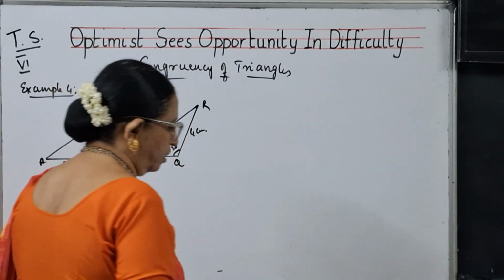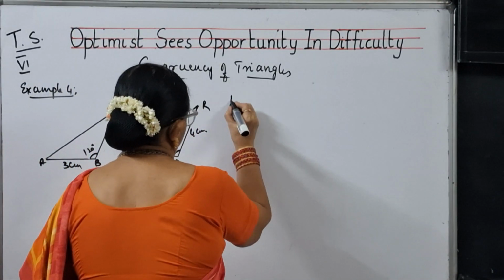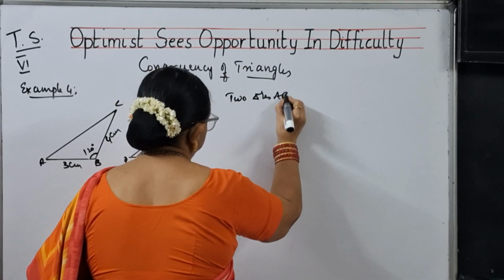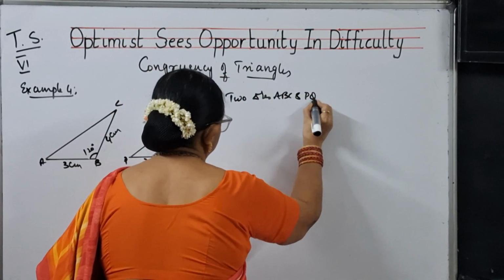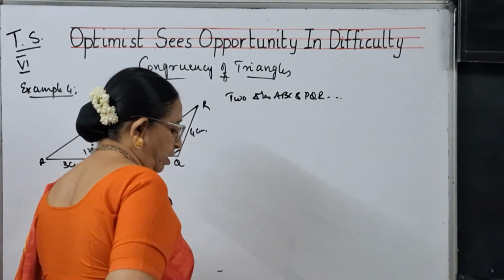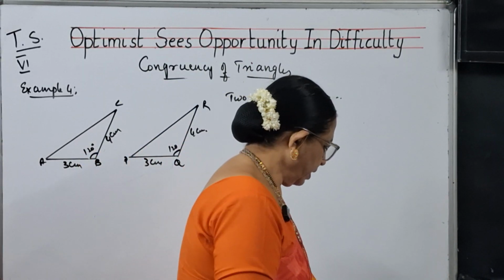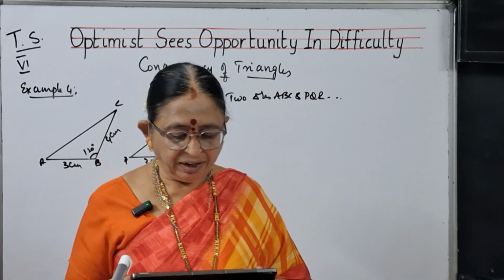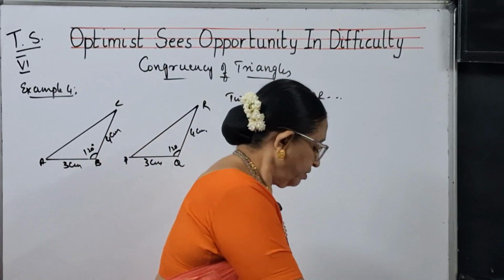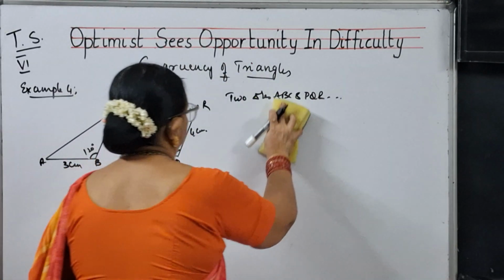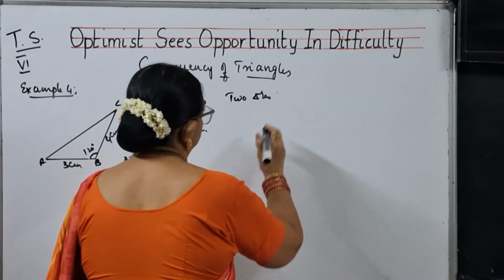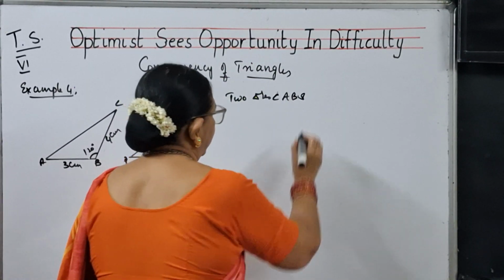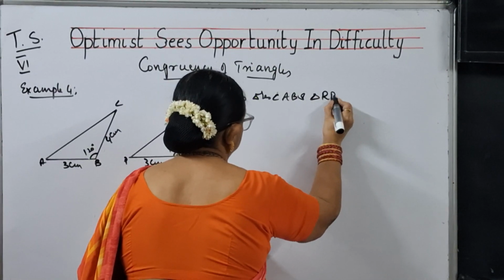This is the figure. So let us see what is given in the problem. Two triangles ABC and PQR. Let me read the problem. Example 4, children, it is two triangles. Oh, he has given it as CAB, not ABC. He named it as CAB and triangle RPQ.